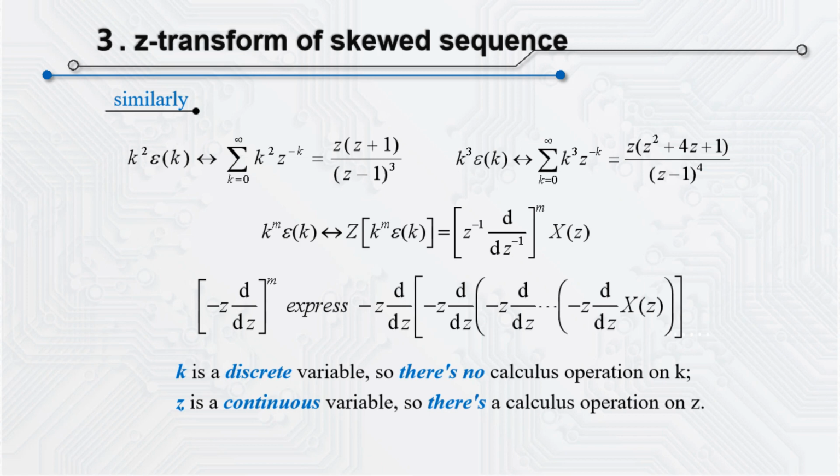After derivation, multiply by minus z. Then the corresponding derivative is such a nested expression. Note here that k is a discrete variable, and the form of the z transformation obtained is a form of continuous variables.